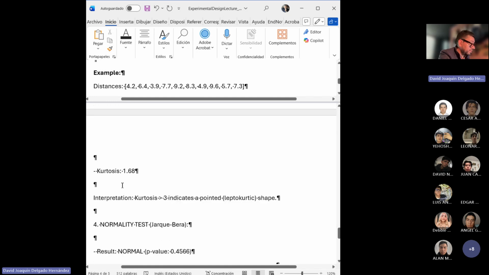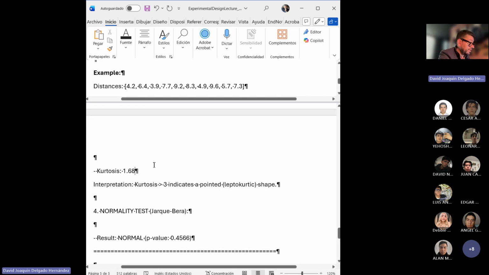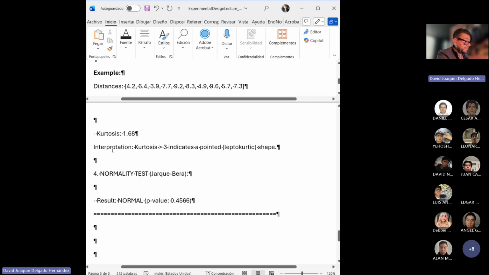Okay, and kurtosis, the value is 1.68. That means that in this case, it is not greater than 3. So it is not a pointed shape, but it is a flat shape.